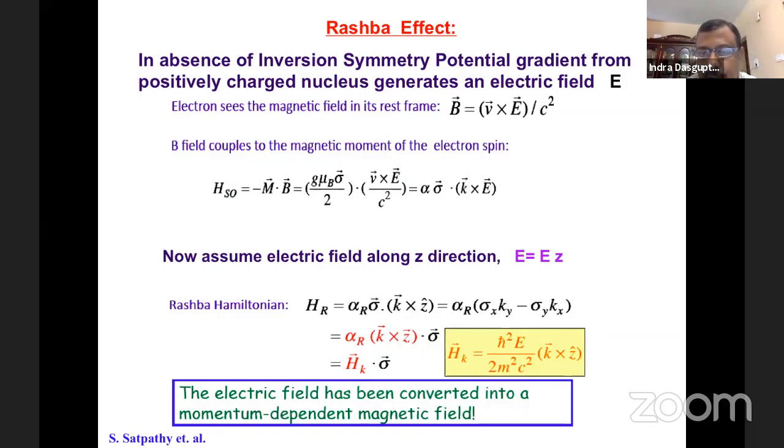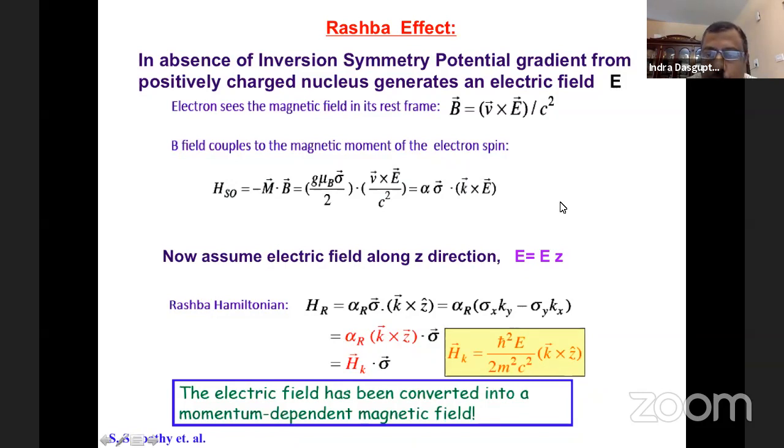This is simple special theory of relativity. This magnetic field now interacts with the electron spin, and this is clearly shown here. This is your relativistic field, and this is your spin, and this gives rise to a spin orbit interaction, which is known as the Rashba spin orbit interaction.